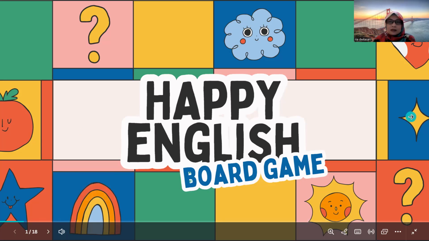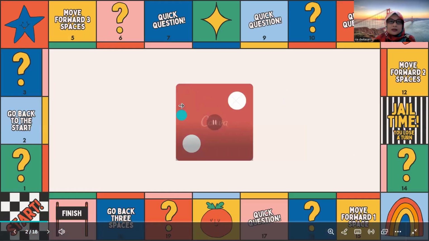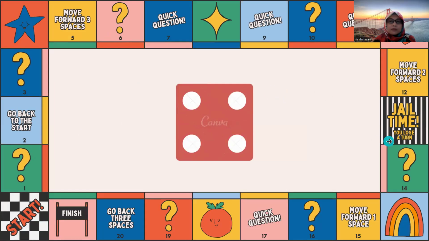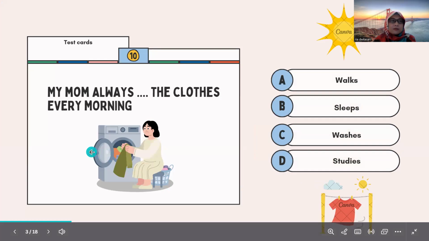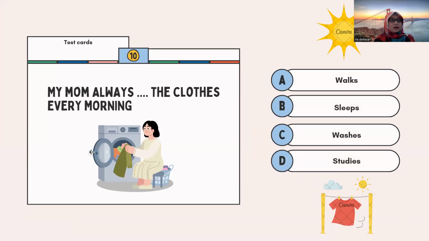It's very fun. And we give them some exercises, like quick questions, and it can make them speak, to help students practice English in a relaxed and fun way.